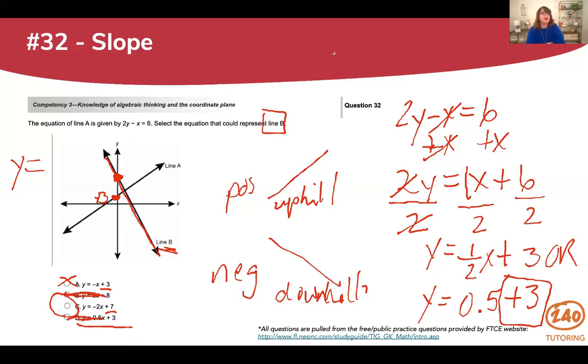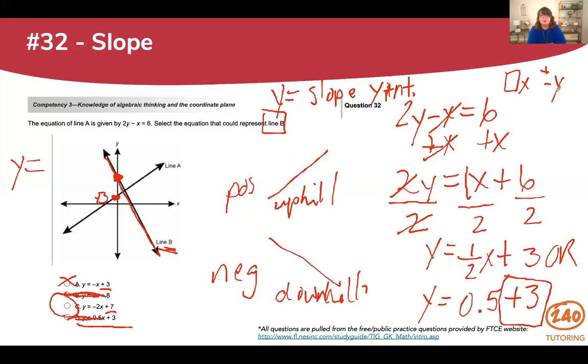So remember that when we're looking at slope and y-intercept form, we've got y equals the slope and then the y-intercept. That slope will always be a value in x, and then we will have plus or minus that y-intercept.